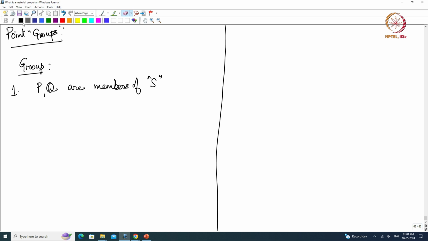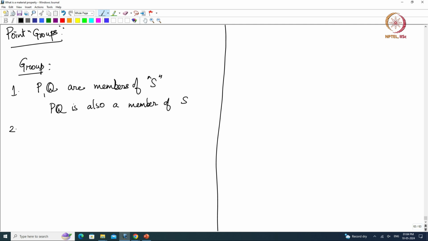So I am going to define what a group is. A group is something that has all these properties. If P and Q are operations in a set S, then PQ is also a member of set S. That is the first property of a group.